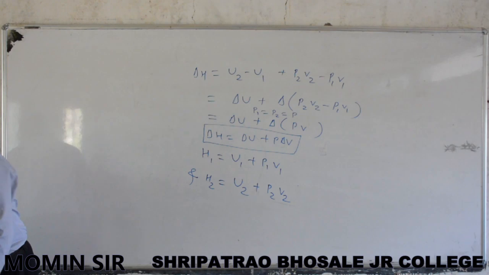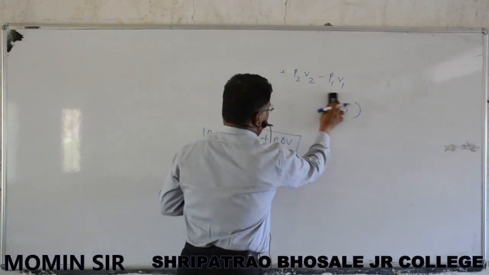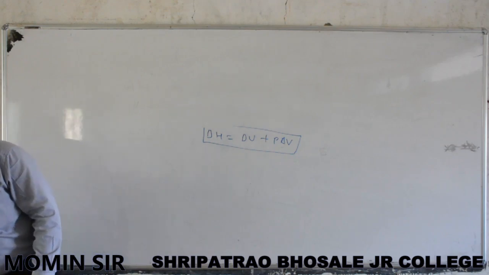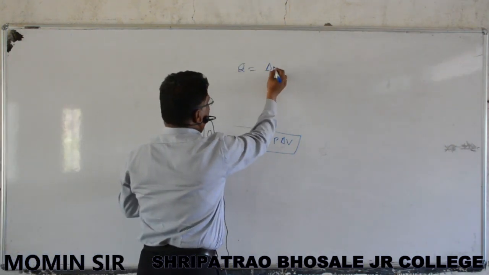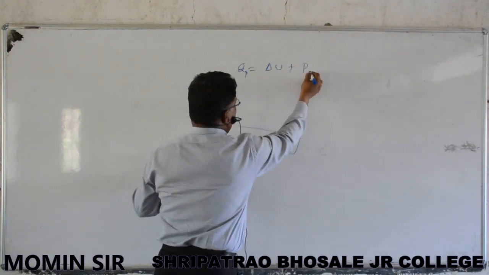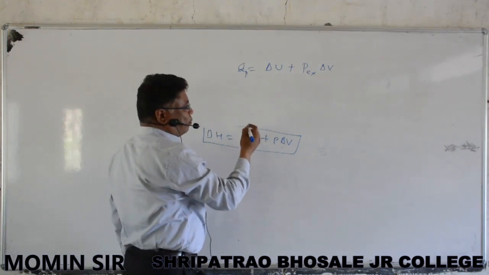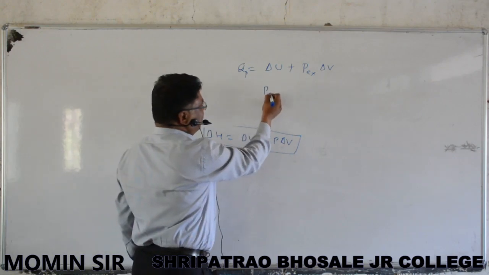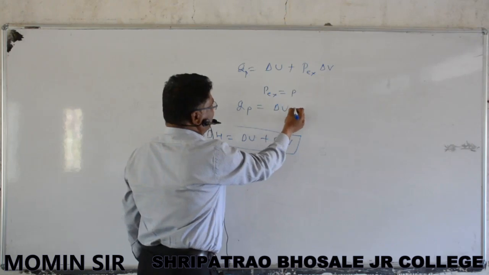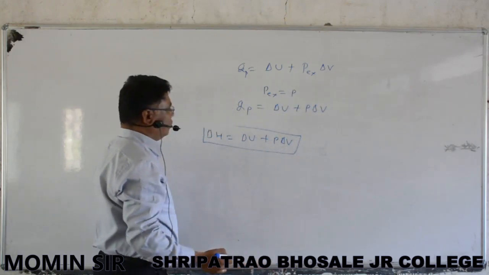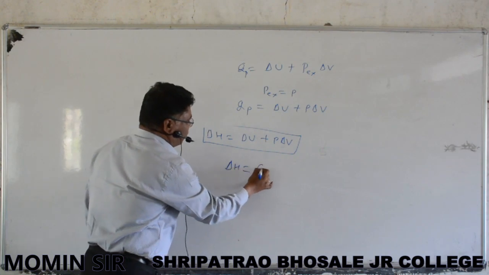Now, from the equation, that is QP is equal to delta U plus P external into delta V. Now, if pressure of the gas and external pressure is same, then P external is equal to P. Then we can write QP is equal to delta U plus P delta V. So, from these two equations, we can write delta H is equal to QP.